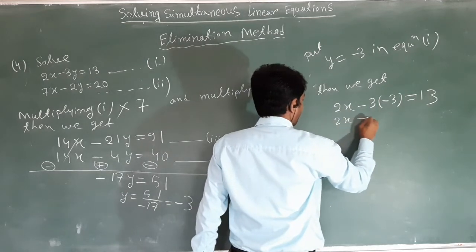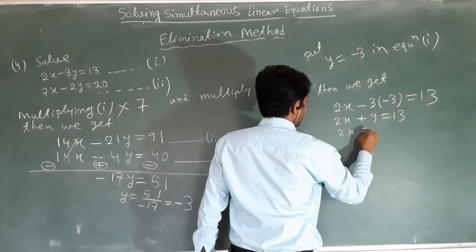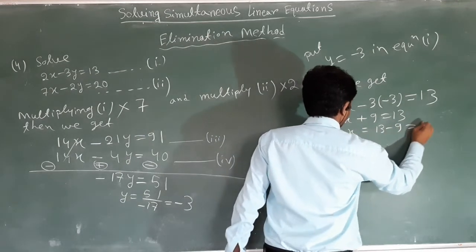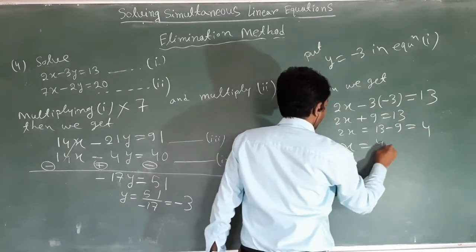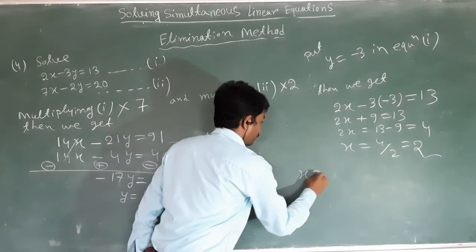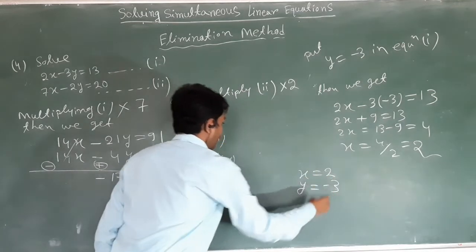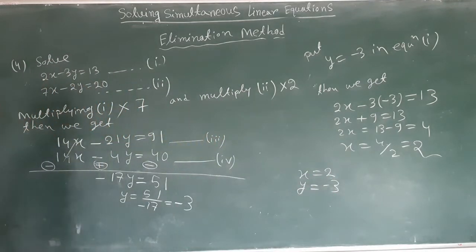So 2x plus 9 is equal to 13. So 2x is equal to 13 minus 9, 4. X is equal to 4 upon 2, that is 2. So x equal to 2 and y equal to minus 3 are the solution of the given simultaneous equation.